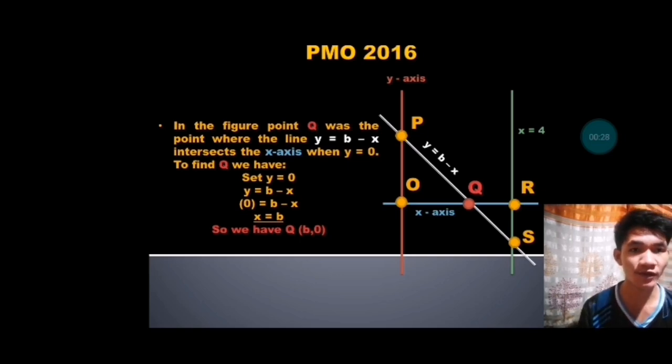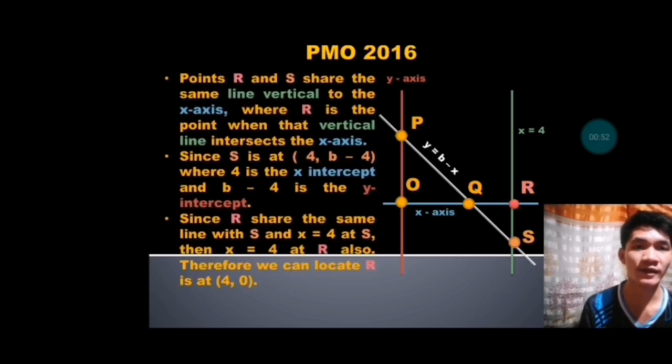That gives us 0 is equal to b minus x, and transposing x to the left side gives x is equal to b. So we have located point Q at b and 0, where b is our x-intercept and the y-intercept is 0. The next one is to locate point R.